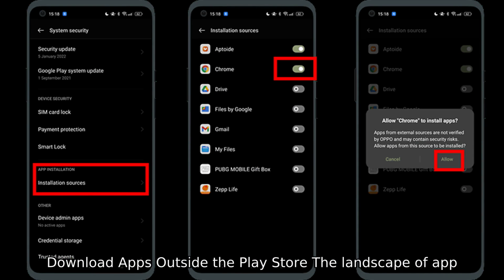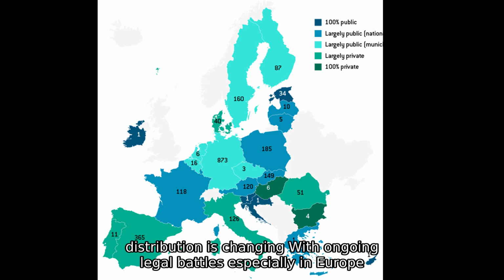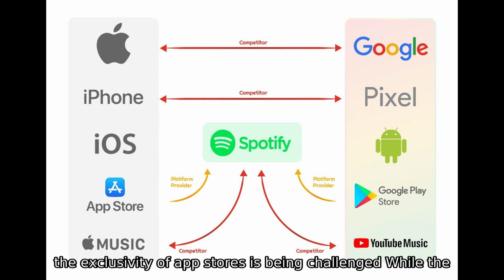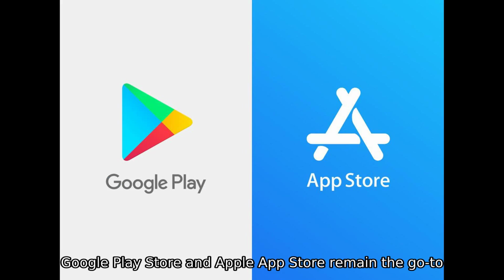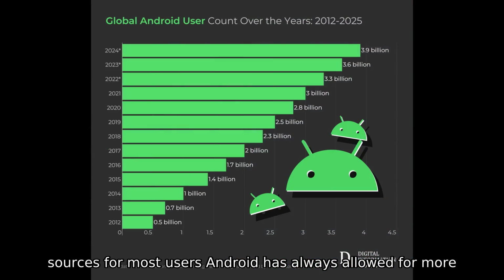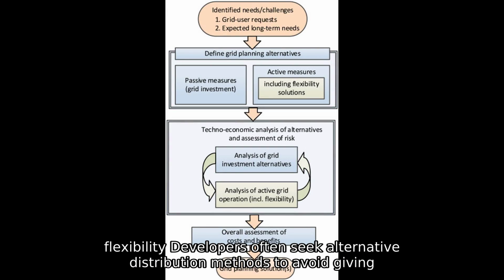Why download apps outside the Play Store? The landscape of app distribution is changing. With ongoing legal battles, especially in Europe, the exclusivity of app stores is being challenged. While the Google Play Store and Apple App Store remain the go-to sources for most users, Android has always allowed for more flexibility.